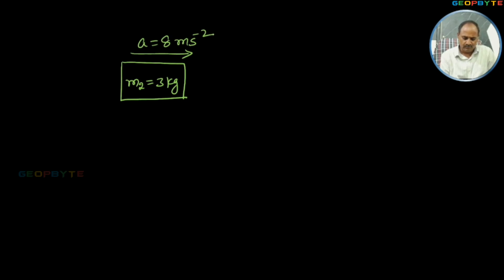If you want to find the T2 value, take the block 2 of mass m2 equal to 3 kg. It is accelerating with 8 meter second power minus 2. This is the T2. This is the T1. Since the block is accelerating towards right, I can say that the T2 is more than T1.